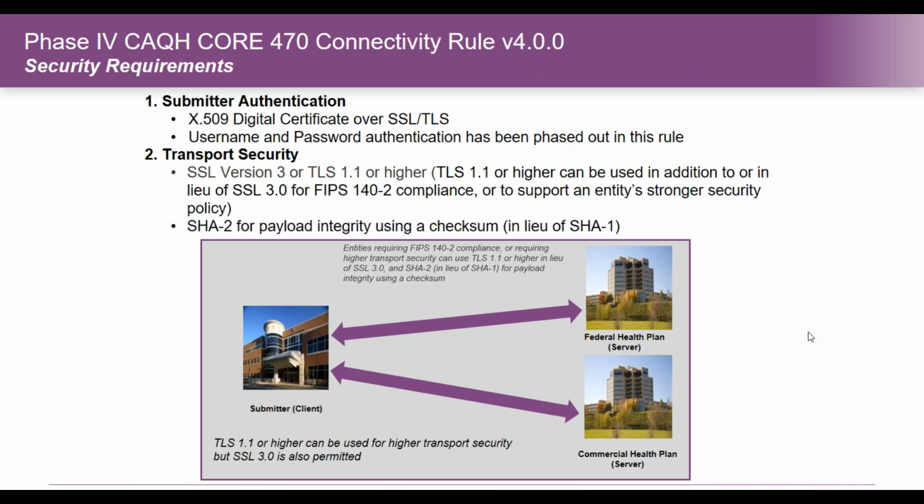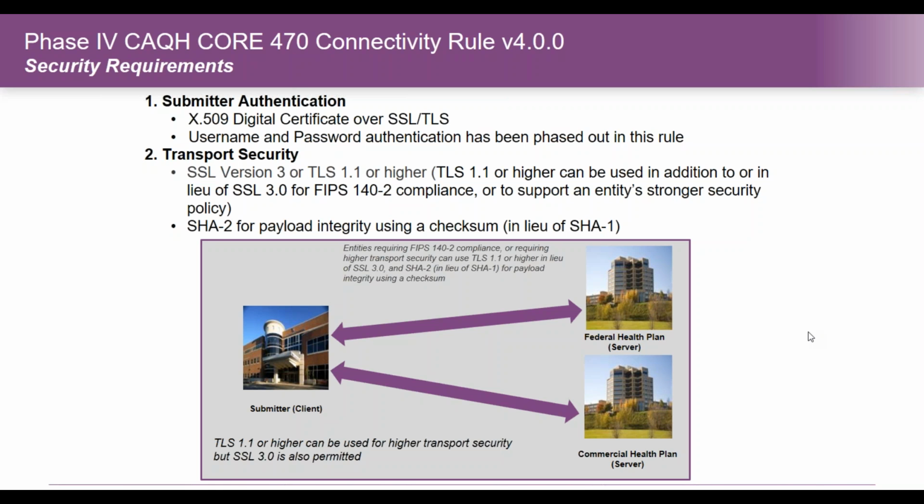So in terms of the security enhancements in this phase, I touched upon this earlier. Submitter authentication has been strengthened by the fact that username password, which is a weaker form of authentication relative to the X.509 certificate-based authentication, has been phased out. So the convergence has been on X.509, which is a stronger method of authentication.